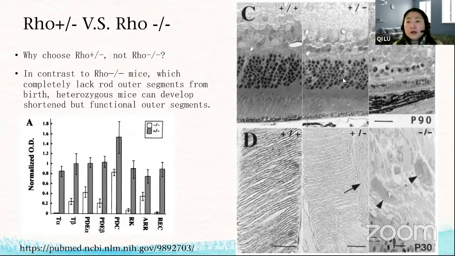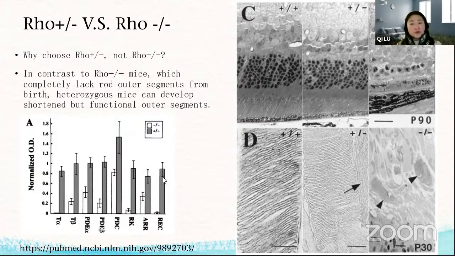And the total number of these cells is reduced, and the thickness of the ONL is thinner than the wild type control, but it still has a preserved, intact outer segment shape, but in the homozygote it's totally gone.